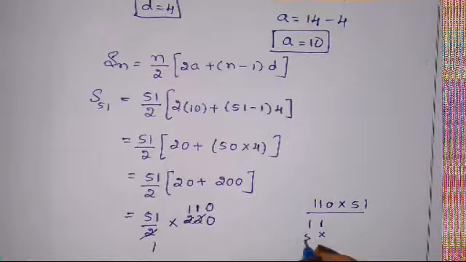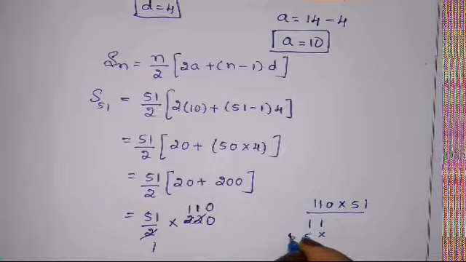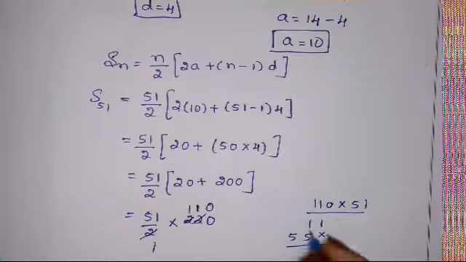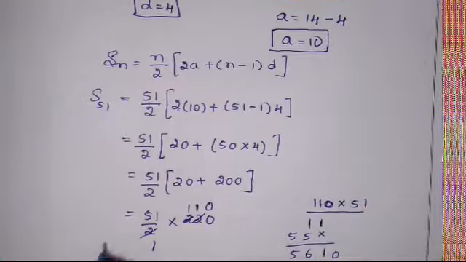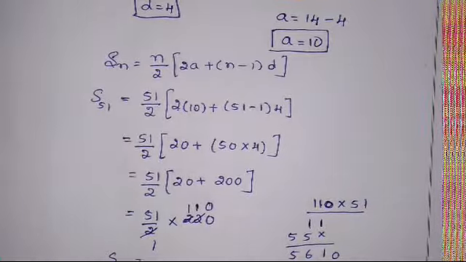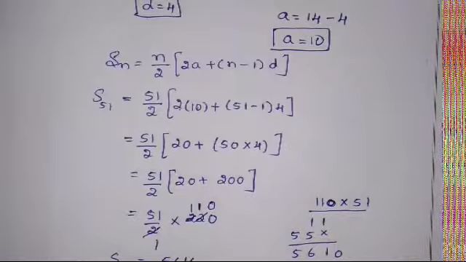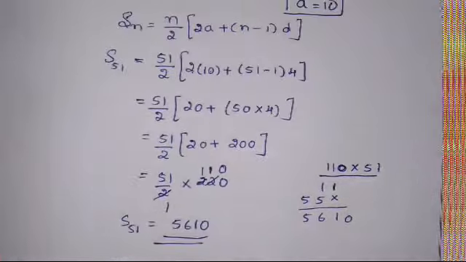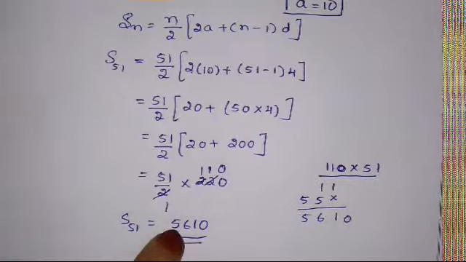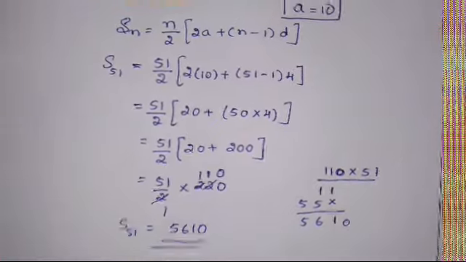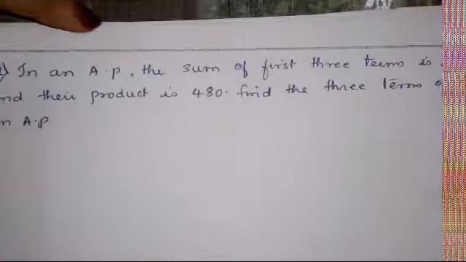So S51 value is 5,610. So we got the answer: the sum of 51 terms is 5,610.